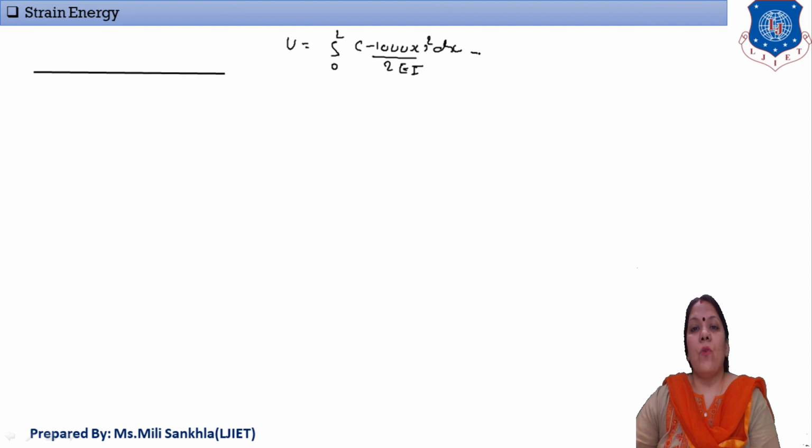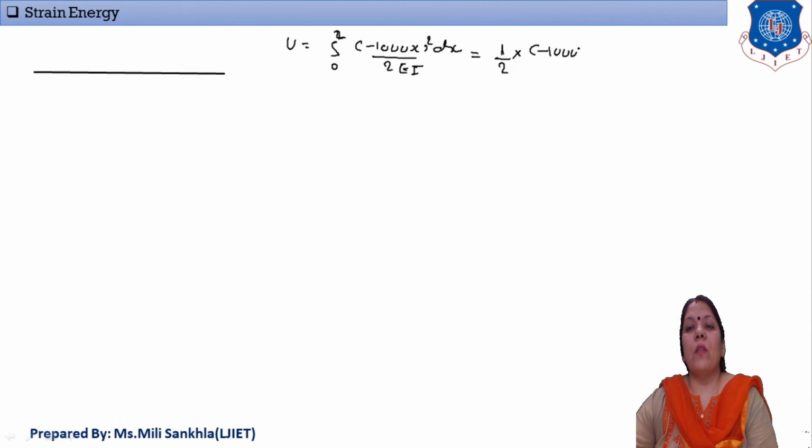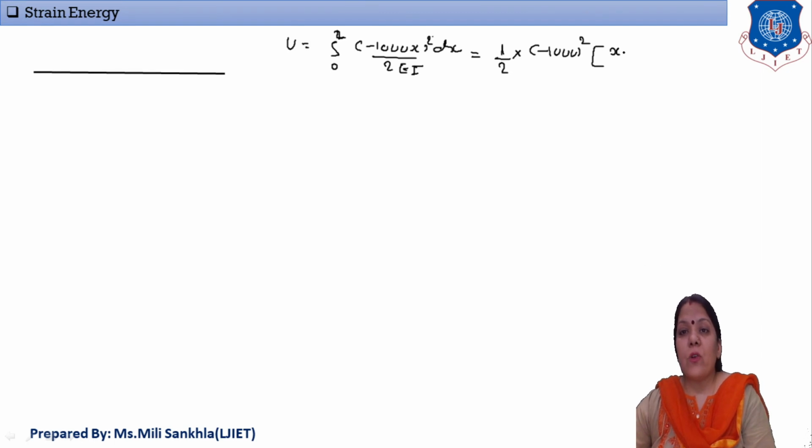Now here the limit is given as 0 to 2, and integration again, minus 1000 squared is constant. And here, integration of x square is equal to x cube by 3, and the limit is given 0 to 2, and divided by EI.